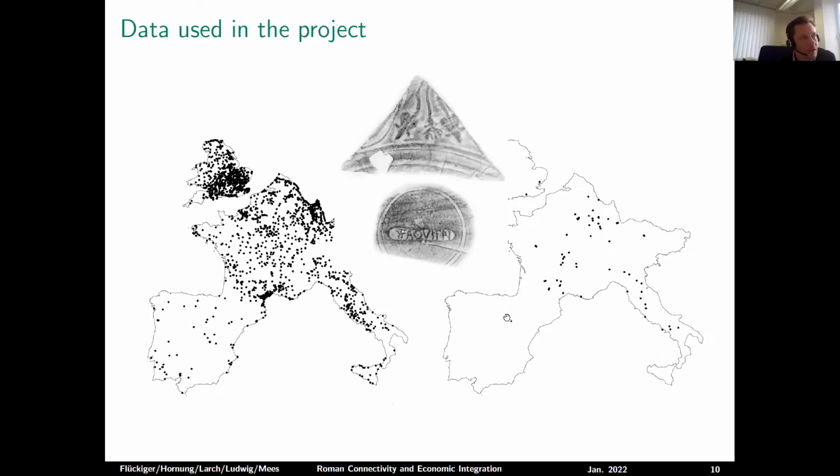of these Samian vessels, each of this ceramic, included a stamp done by the producer. So we have these production sites across Europe where these vessels are produced, that we see here on the right hand side once more.